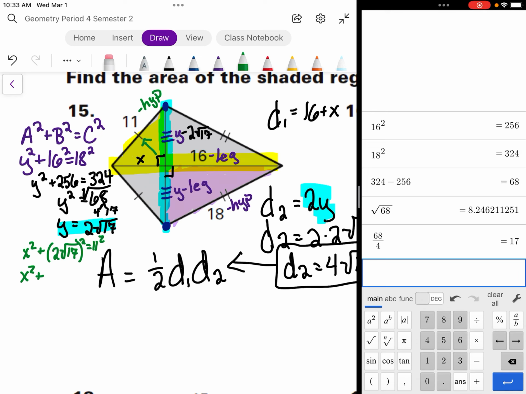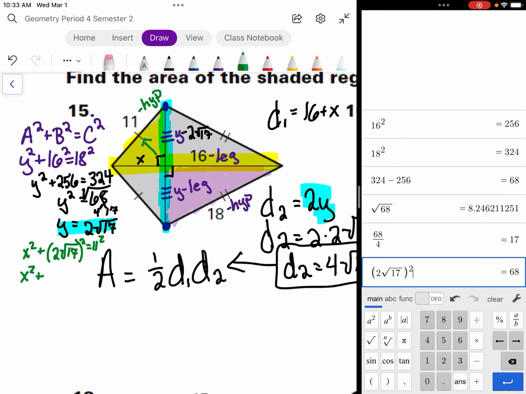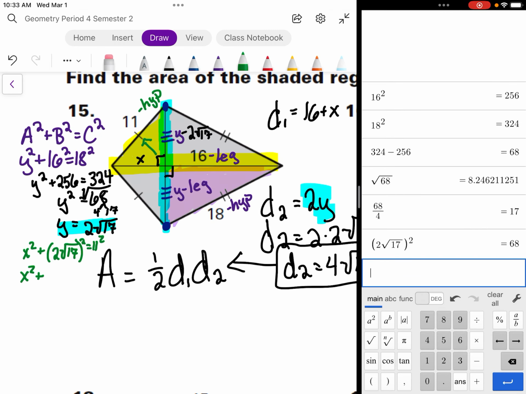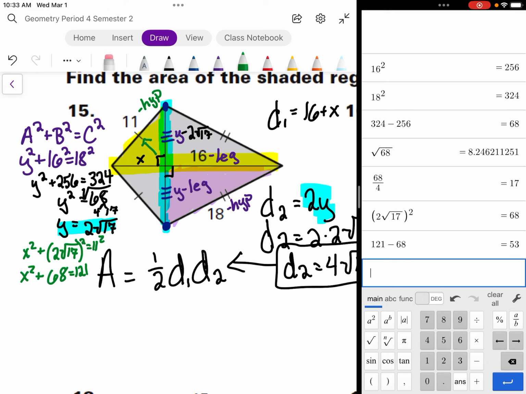Remember, when you're squaring the 2 square roots of 17, you can just type it all into your calculator. But when you are squaring this, you are squaring both the 2 and the square root of 17. So that's going to come out to be 68. And then 11 squared is 121. So if we take 121 minus 68, that gives us 53.